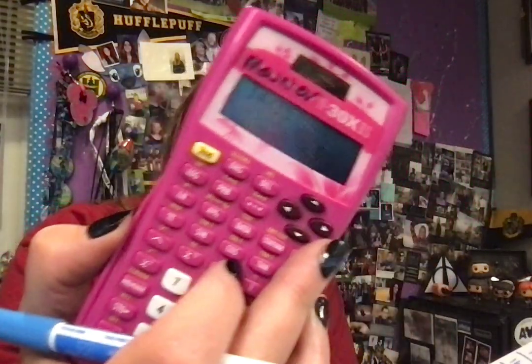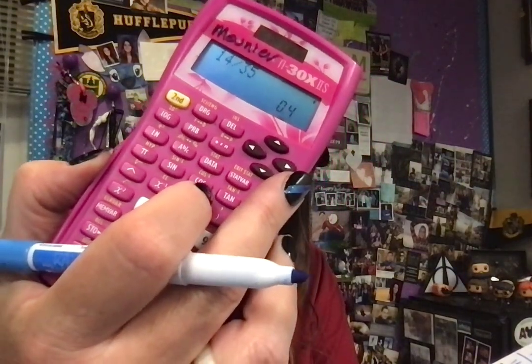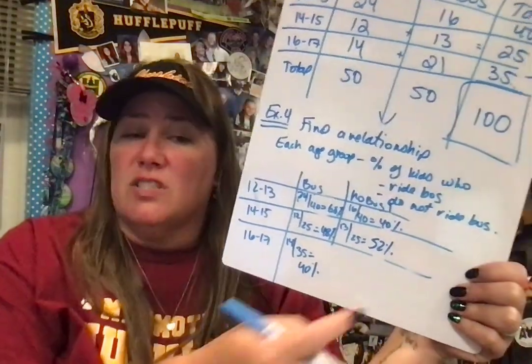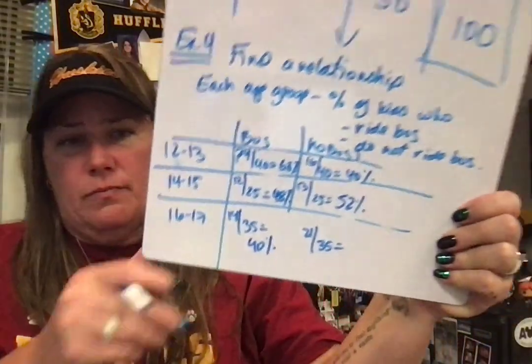Okay, calculator, 14 divided by 35. 0.4, move it twice to the right, so you get 40%. Still write the fraction. For the next one, you have 21 kids who do not ride the bus out of 35 in that age bracket.